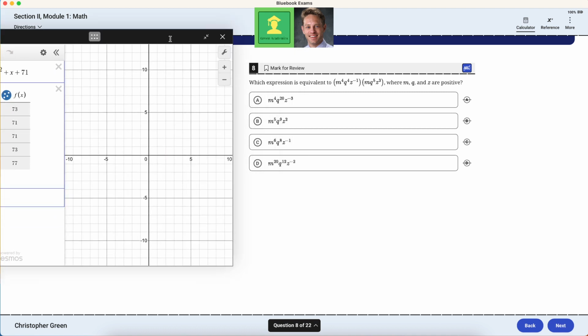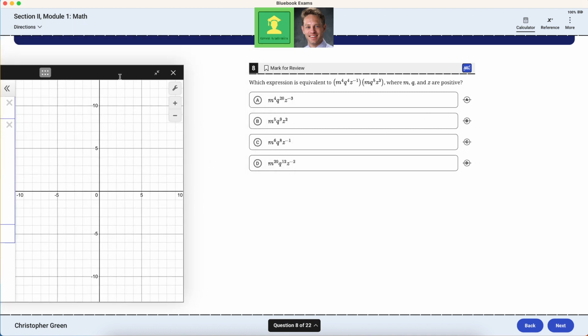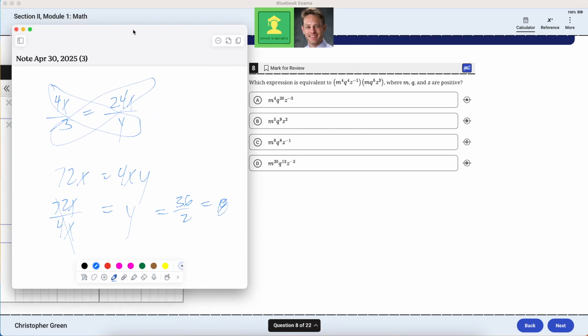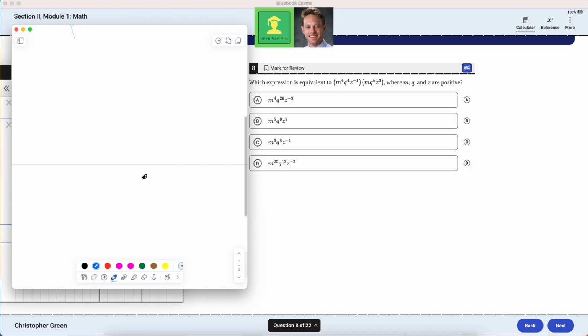This is the rules of exponents. So you're probably best simply understanding the rules from memory. But because multiplication is commutative, I'm going to write this the long way for instructive purposes. Times z to the negative 1 times m times q to the 5th times z to the 3rd.